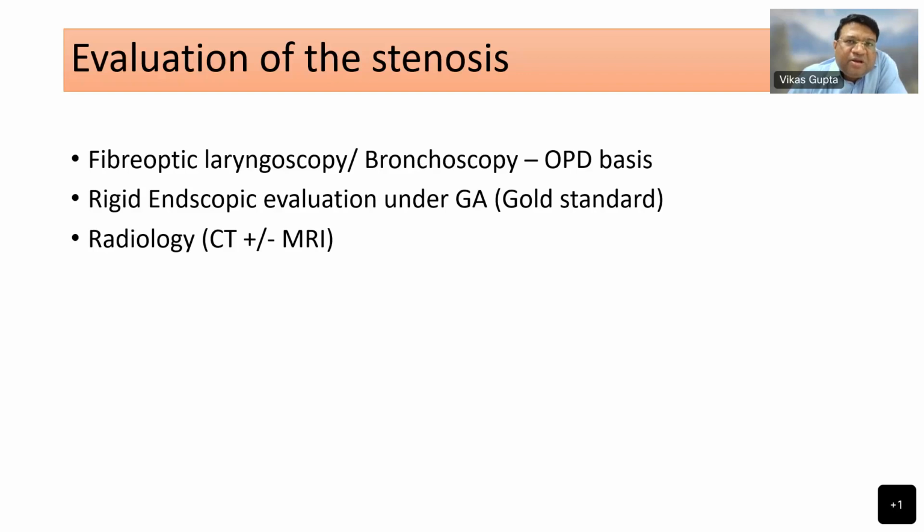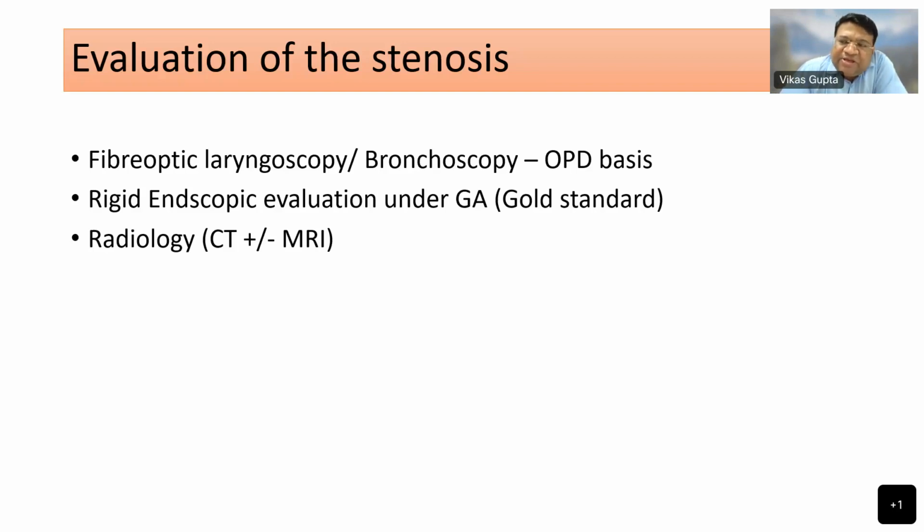So radiology does corroborate our findings, and it does tell us about the other anatomical landmarks in the neck, but it is not the gold standard. The gold standard always remains a rigid endoscopic evaluation under general anesthesia.